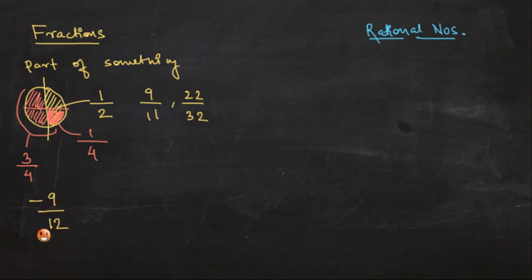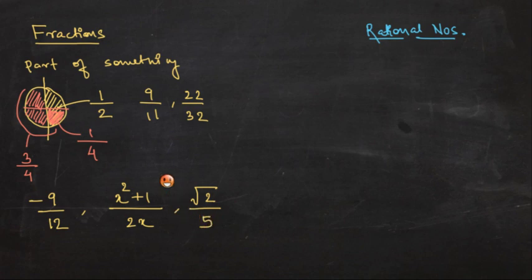This would come under the category of negative fractions, but in general we would call this a fraction. Or let's say we have (x square plus 1) divided by 2x. I would in a generic way call this a fraction. Or let's say I have square root of 2 divided by 5. I can also call this a fraction.